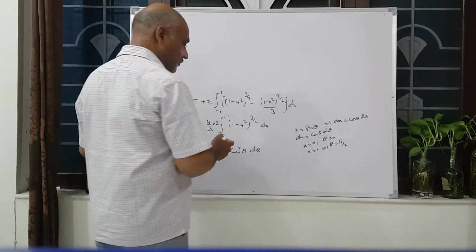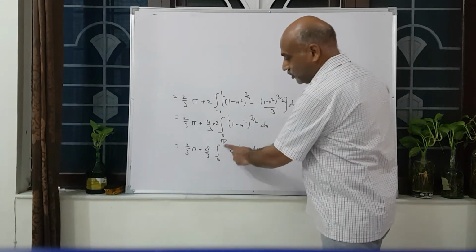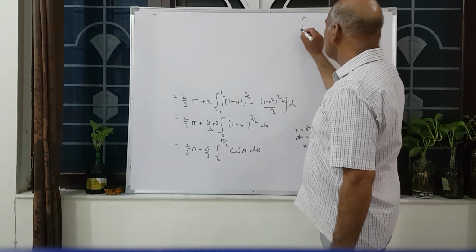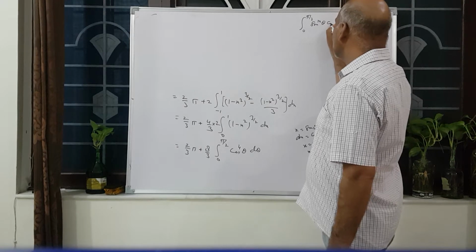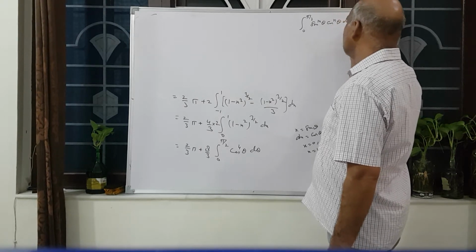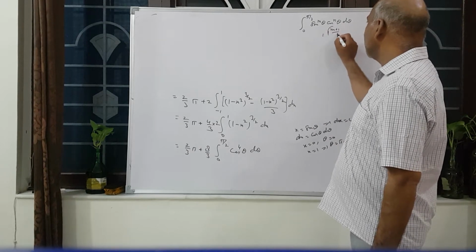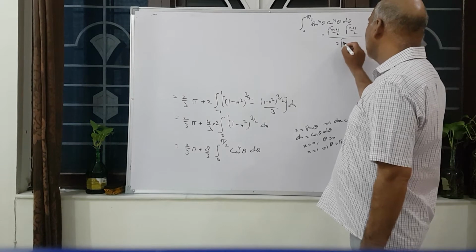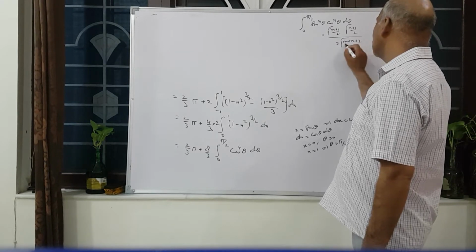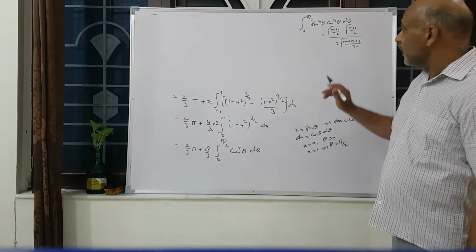So what is the beta gamma function? First thing, the limit should be 0 to pi by 2. The integral from 0 to pi by 2 of sin^m theta cos^n theta d theta equals gamma of (m plus 1) by 2 times gamma of (n plus 1) by 2, upon 2 gamma of (m plus n plus 2) by 2. This is beta and gamma.